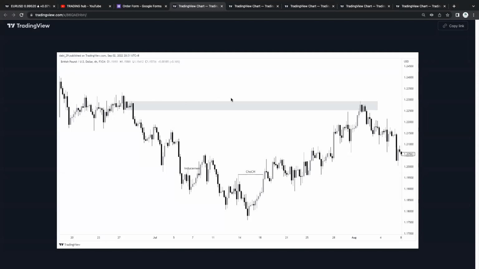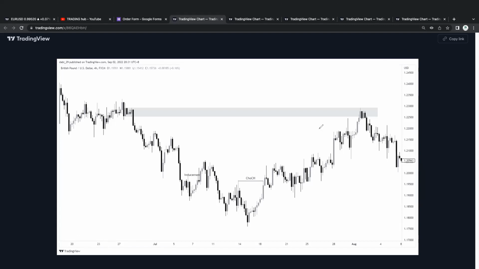So in this case, the same thing is happening here. Inducement, and CHoCH. CHoCH only happens when the market taps on the demand and supply zone, not everywhere.